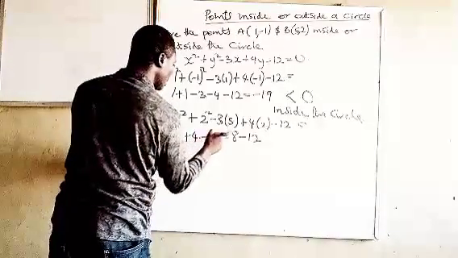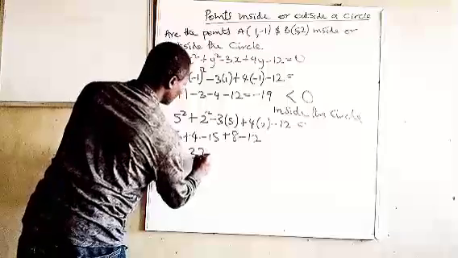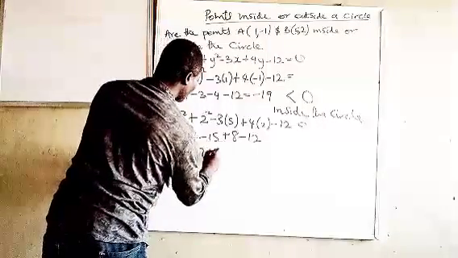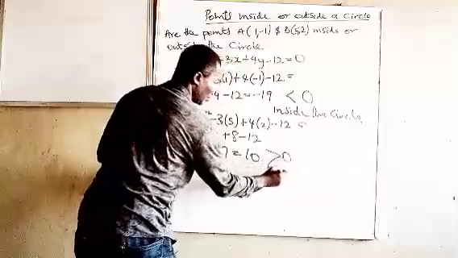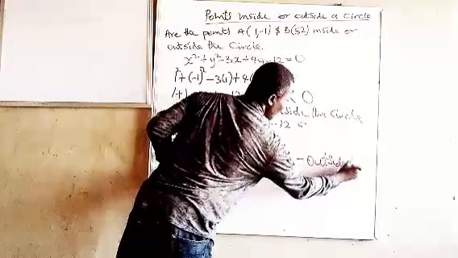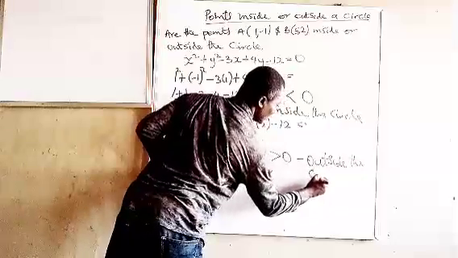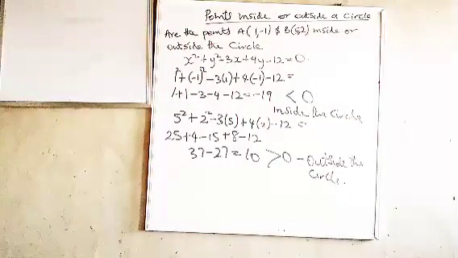This is 25, 29, 37 minus 27, which is greater than 0. So this point is outside the circle. So that's how to test if a point is outside the circle. We have already tested if points are on a circle.